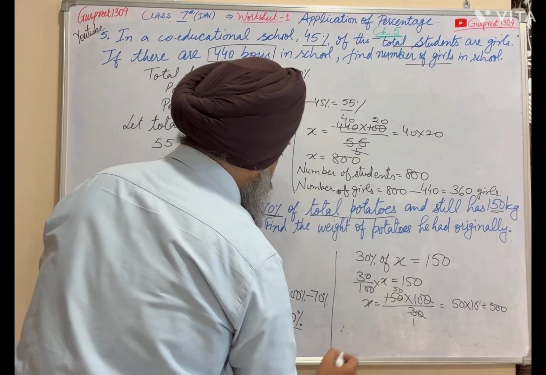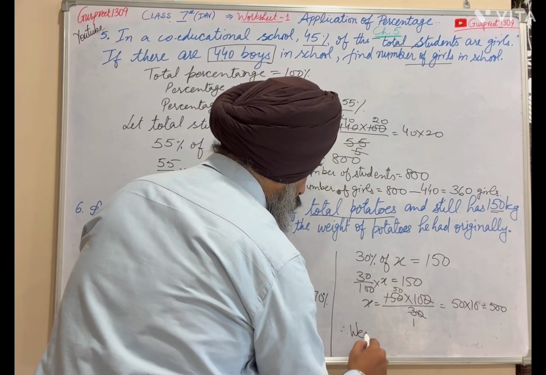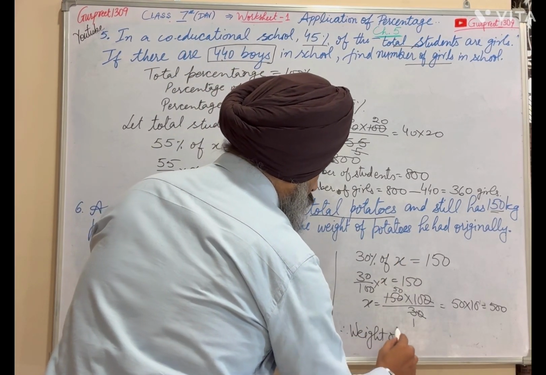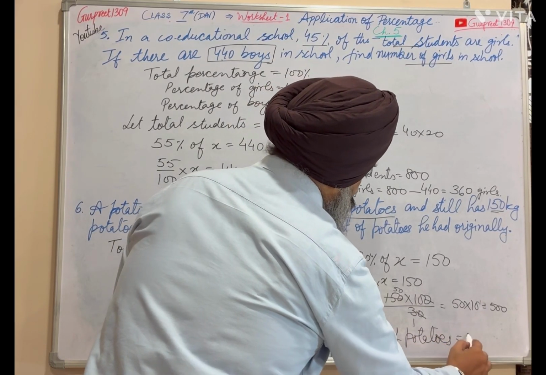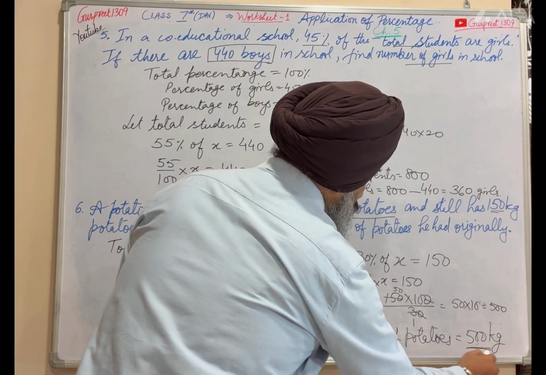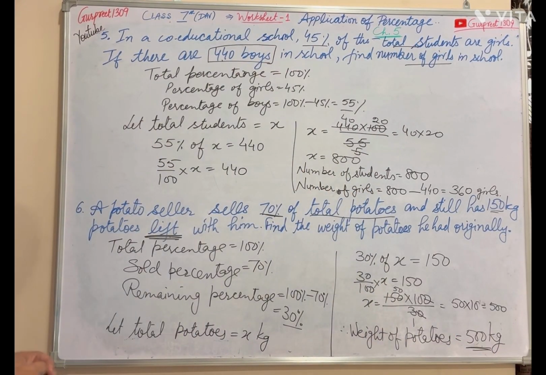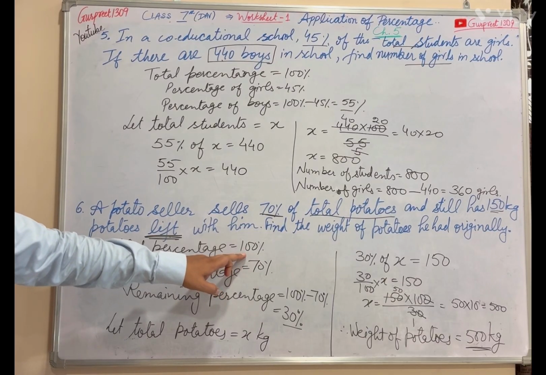So we find the weight of the potatoes, which is equal to 500, and apply the unit also, 500 kilograms. So that is the answer. So listen to it again. Total percentage is 100%.